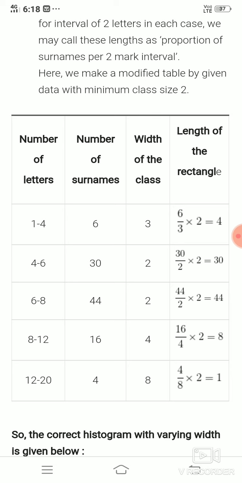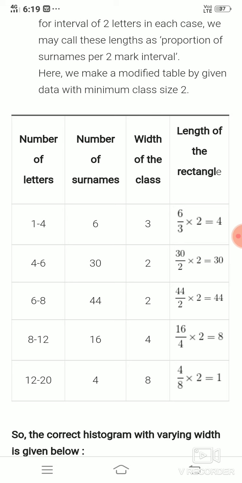But 8 to 12 is given as 4, so your choice is 2. That is 2 by 4 into 16, so 8. Next one is 8, no? So 2 by 8 into 4, original frequency 4, so equal to 1. Suppose your choice is 1.